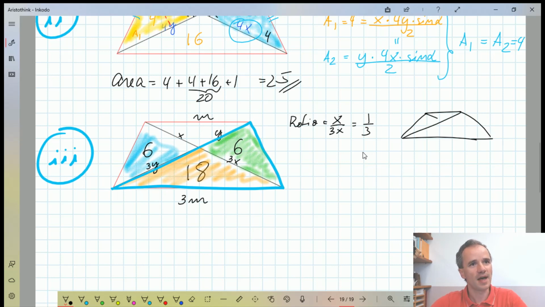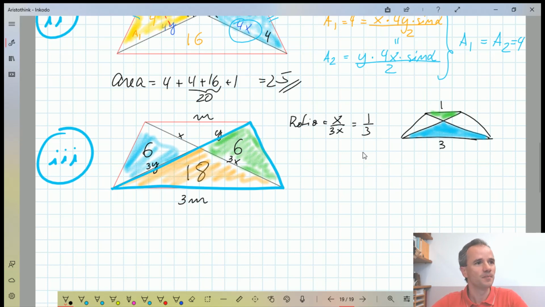Now look at that, and imagine this triangle in here, and imagine this other triangle in here. Their areas are pretty much straightforward once you have the ratio. Is the ratio squared? You are going to see this later. Now, if the ratio is 1 to 3, the area ratio is going to be 1 to 9.